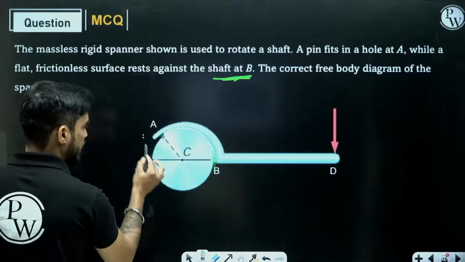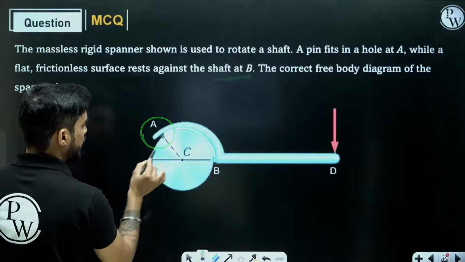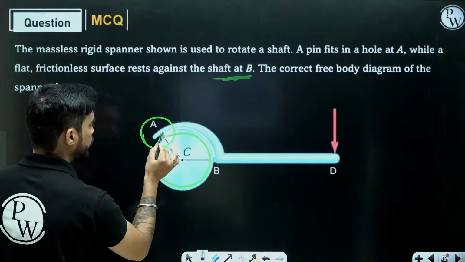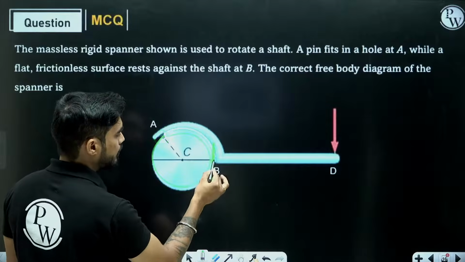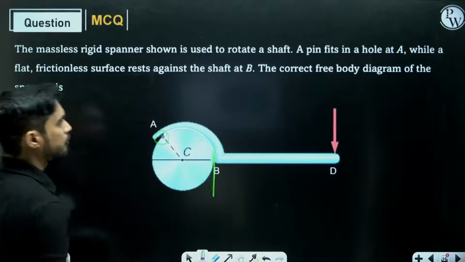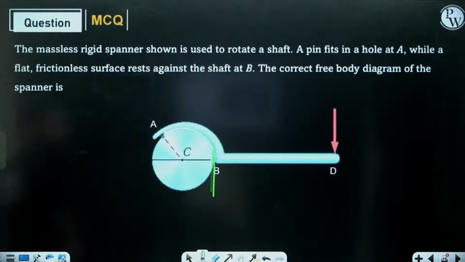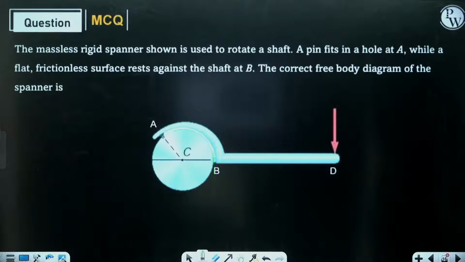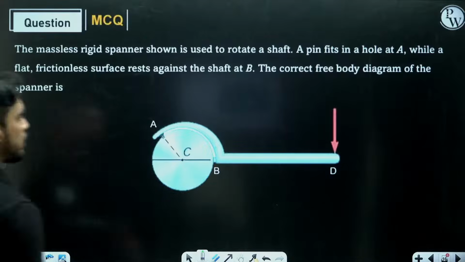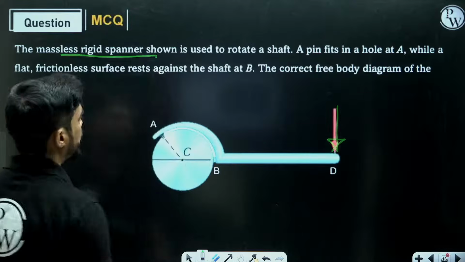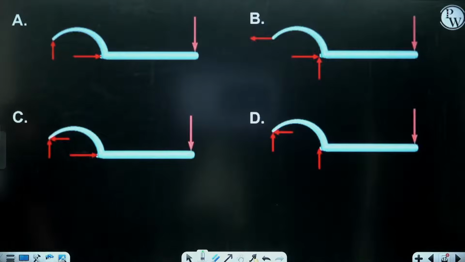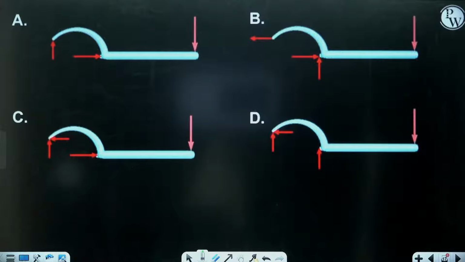So at point A, the spanner is fitted into the shaft using a pin, and at point B, the spanner is resting on a flat frictionless surface. The correct free body diagram of the spanner is, the spanner is subjected to a force like this, and the weight of the spanner is neglected. So what will be the free body diagram? A, B, C or D?